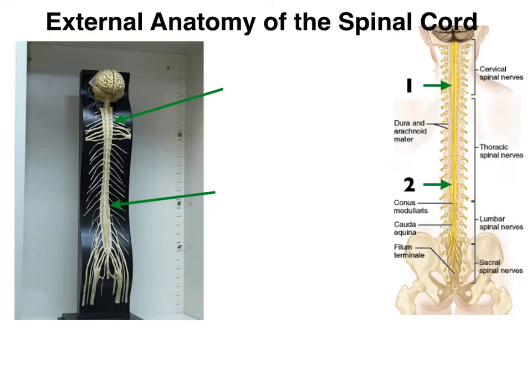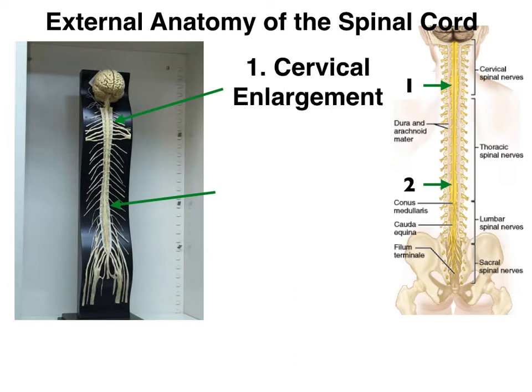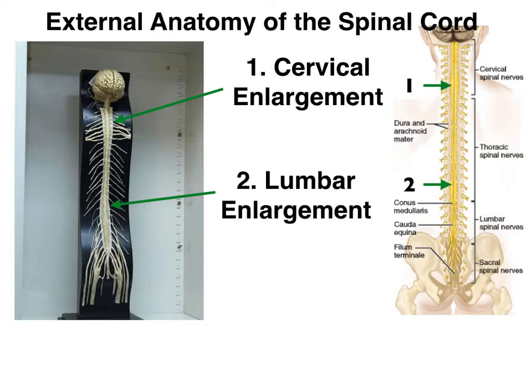These occur in two regions, the first of which is called the cervical enlargement, and the second is called the lumbar enlargement, where the spinal cord increases in thickness or diameter in the cervical region and the lumbar region.